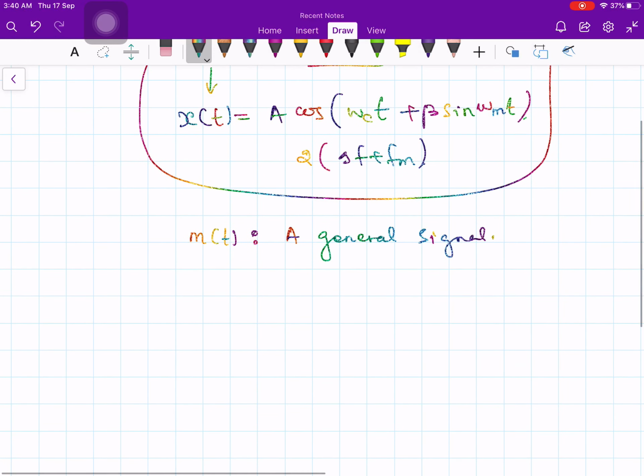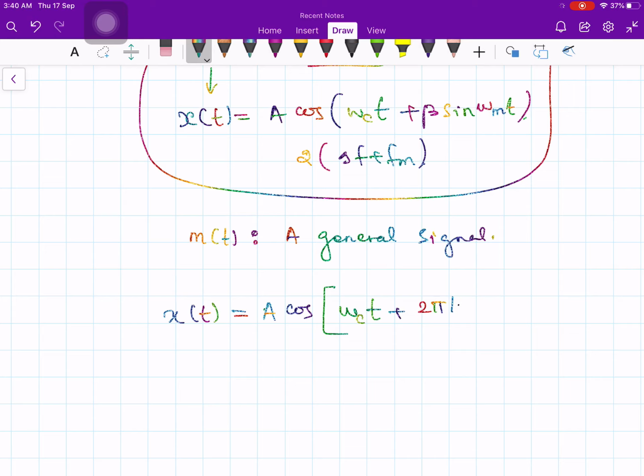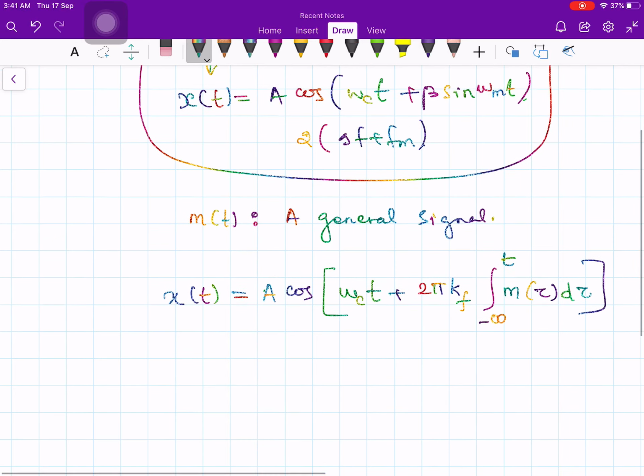So let me define x of t is equal to A times cosine of omega ct plus 2 pi kf times the integral from minus infinity to t of m of tau d tau. This is my angle modulated signal.